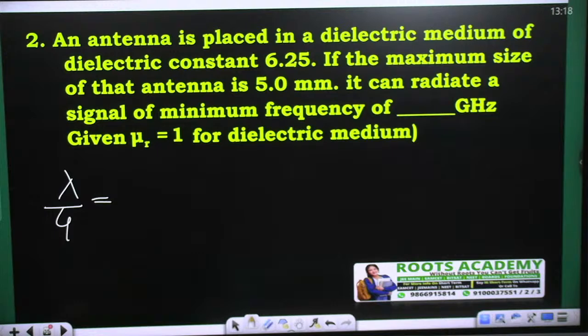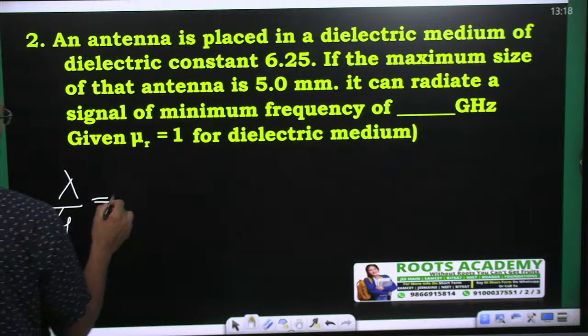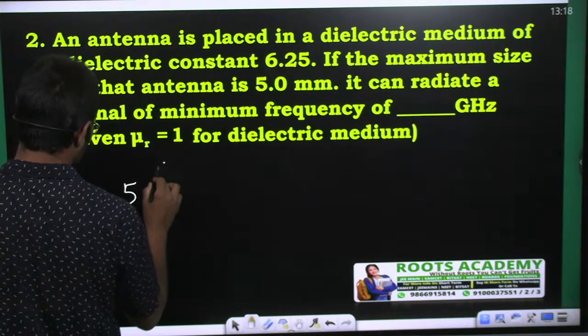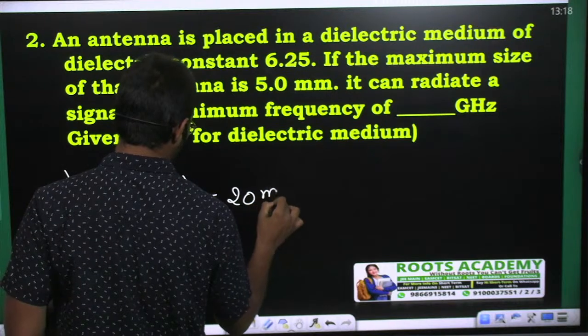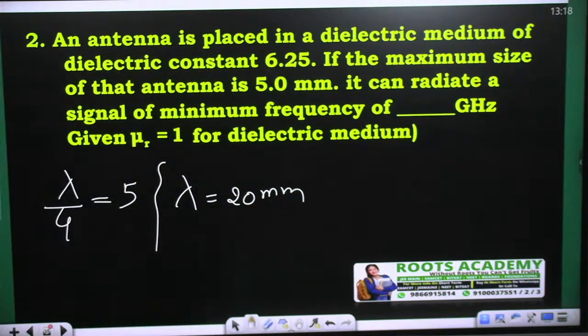I guess the length of the antenna is given, right? Here they misplaced it. Okay, 5 mm. So lambda is equal to 20 mm.